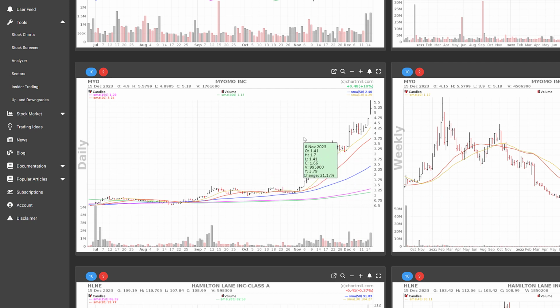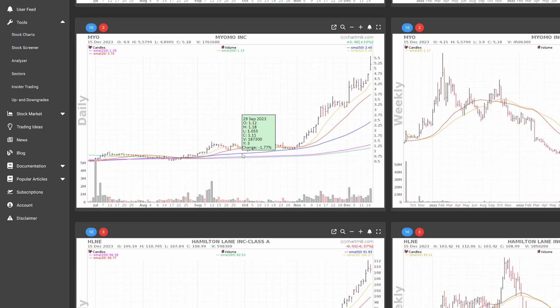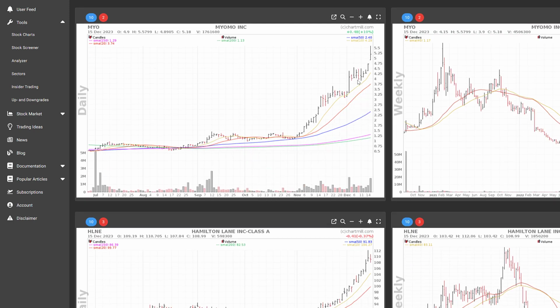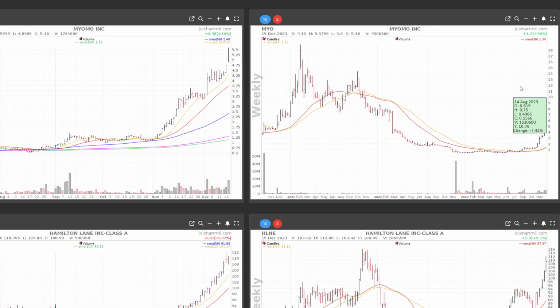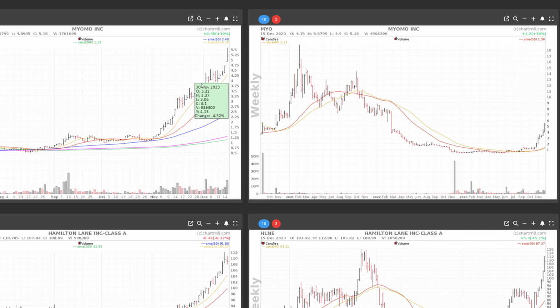Mio, one of the strongest performances I have ever seen in my entire career. Since the beginning of November it was 1.5, and now its high price is almost 5.57. The reason for this very strong move yesterday, plus 10%, and on a weekly basis even 30%.